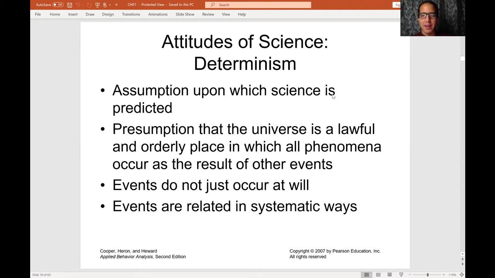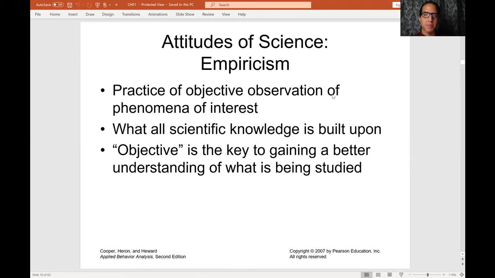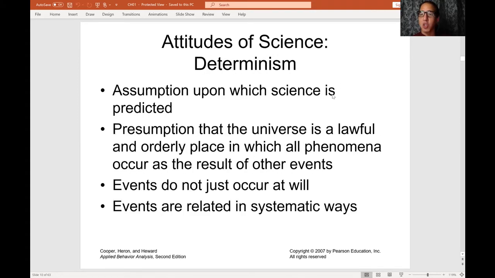Events are related in systematic ways. This is how you can learn determinism. It's a lawful and orderly place. There's a cause and effect between phenomena that are determined. So one thing is determined to happen because another thing happened.